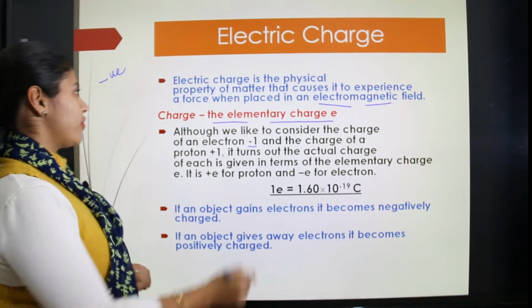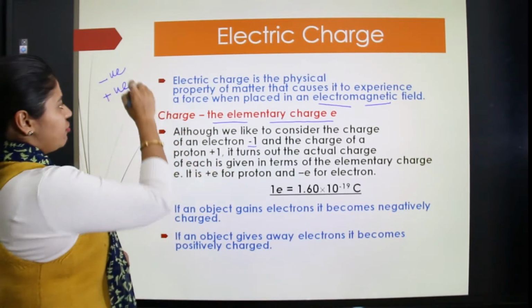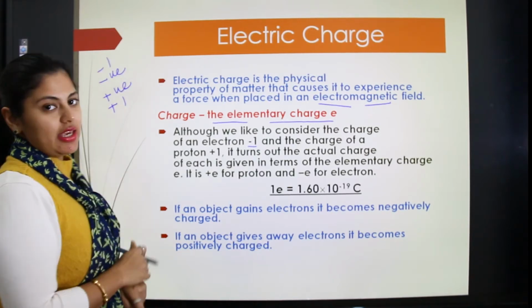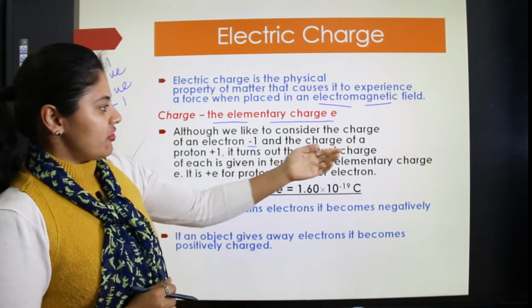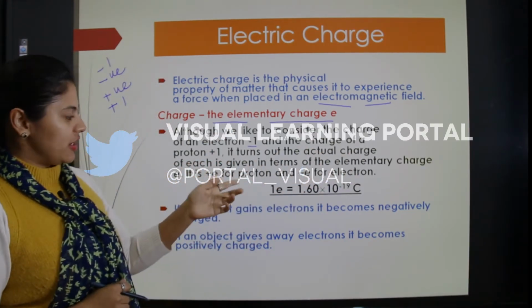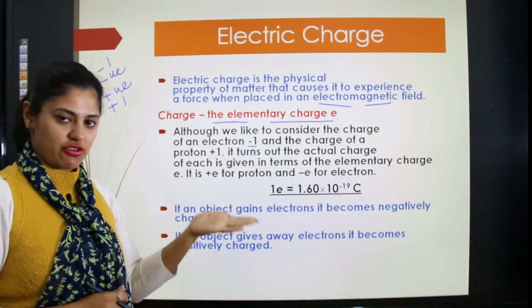Okay, and similarly the proton we take as positive, and it has an elementary charge of +1, or -1 for the electron. The actual charge of each is given in terms of the elementary charge. We call that charge the elementary charge.